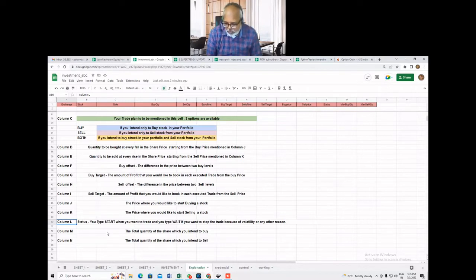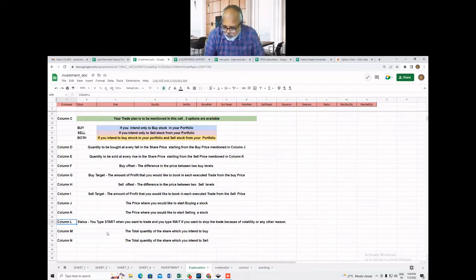So depending upon the number of trades that you want, you can calculate the maximum quantity that you intend to buy. Similarly, in column N, we put the total quantity of shares which we intend to sell. Suppose I have 1000 shares in my portfolio, I put the total max sell quantity as 1000. So these are the things that we have to understand where we want to execute the trade.